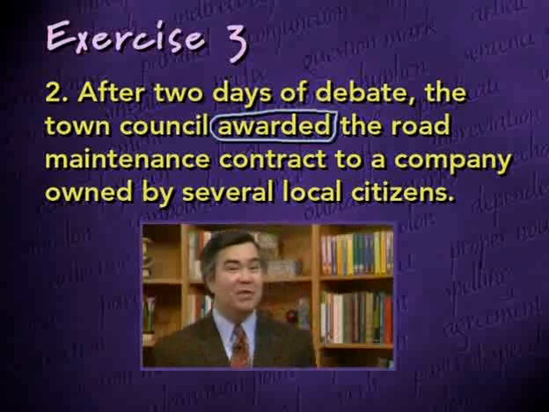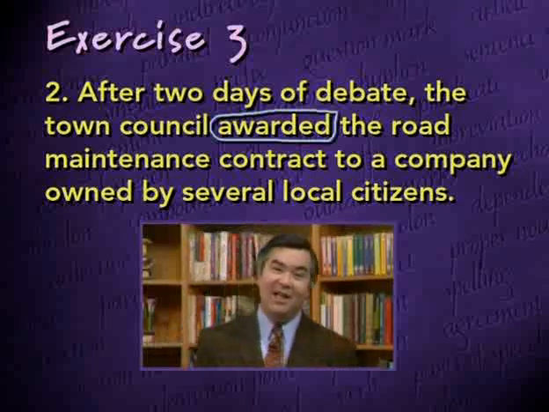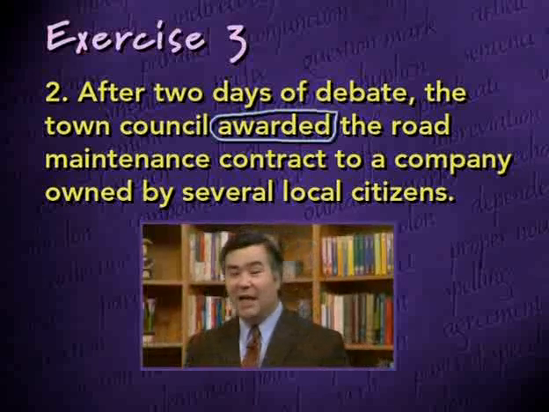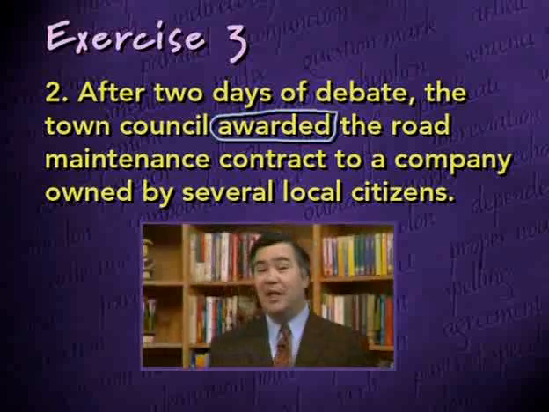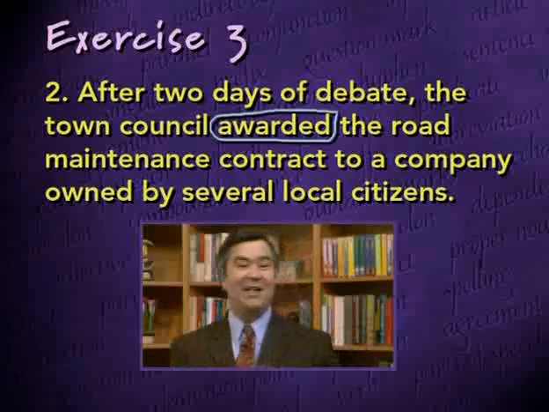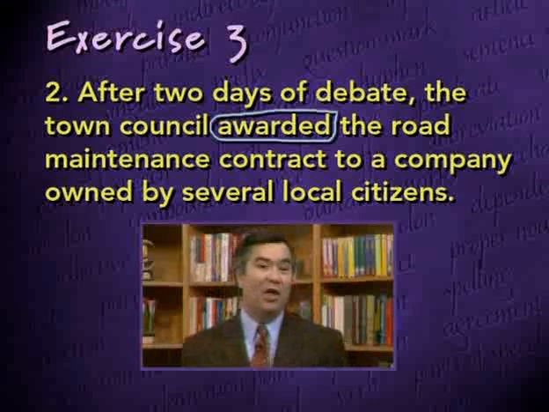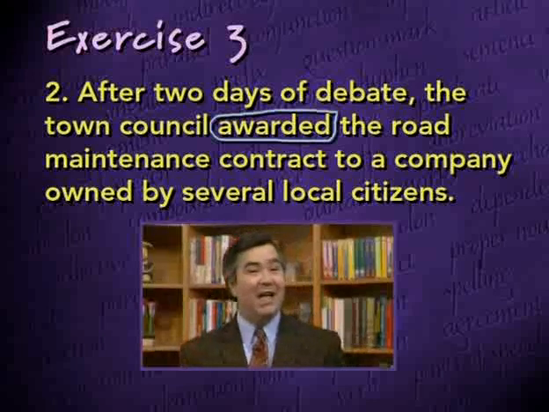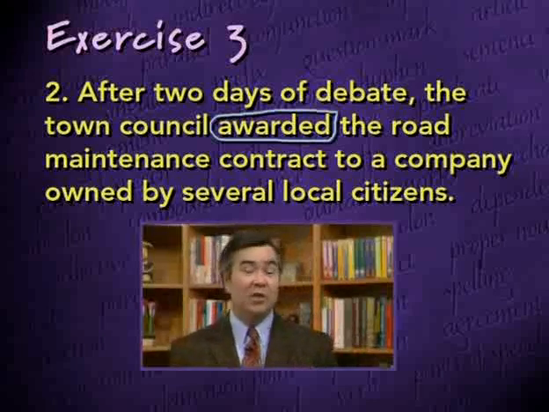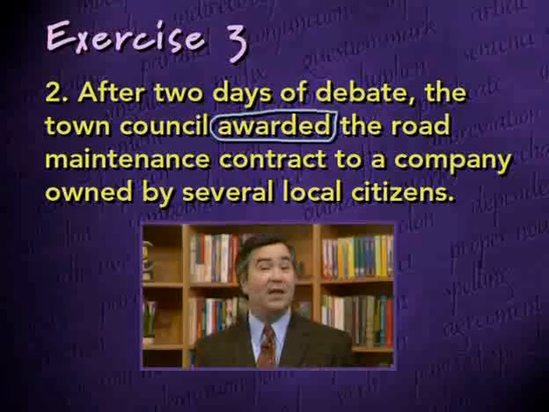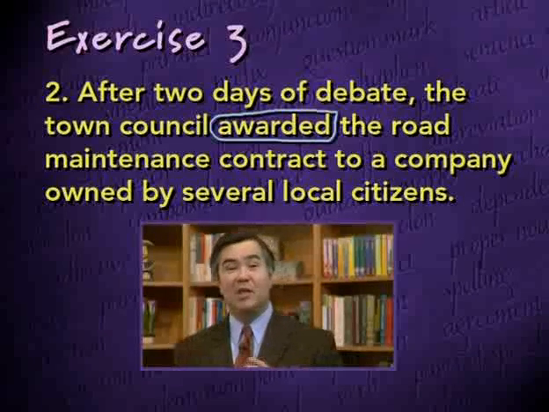Remember, an indirect object would have to be placed between the verb and the direct object. And that's not where the company is placed. The company instead is tacked on at the end of the sentence. Furthermore, notice that the company is mentioned in a prepositional phrase. And as we saw a moment ago, an indirect object is never part of a prepositional phrase.